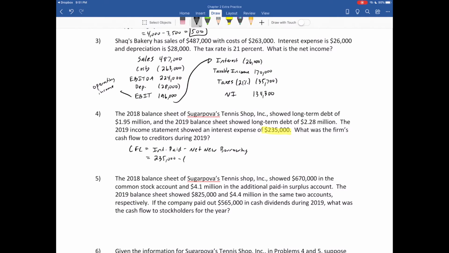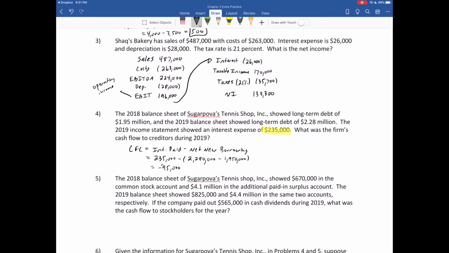And then to figure out their net new borrowing, it would be your long-term debt for 2019, which is $2.28 million, minus your long-term debt in 2018, the beginning period, which is $1.95 million. And you end up getting a cash flow to creditors that is equal to negative $95,000.